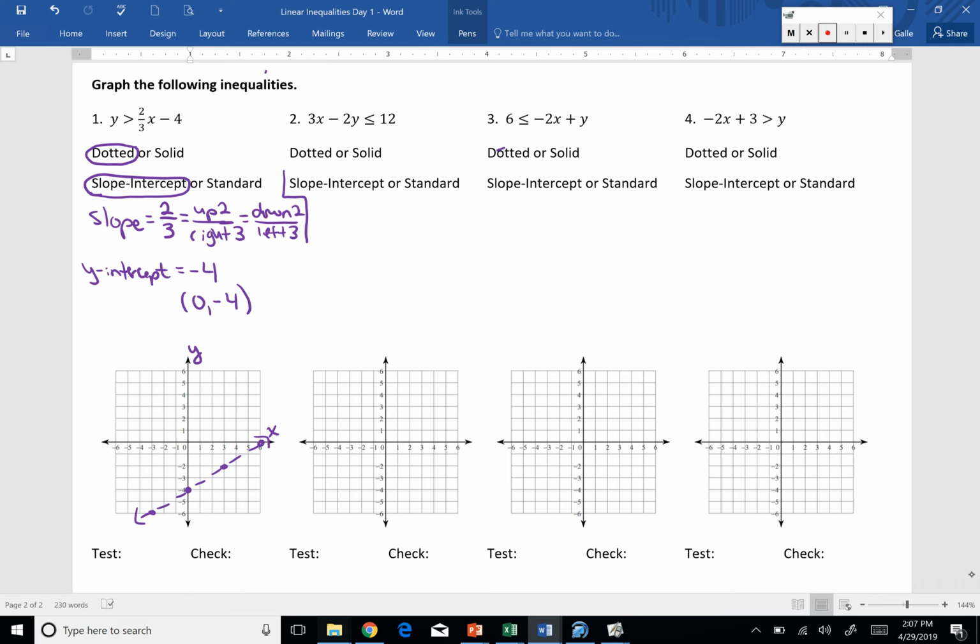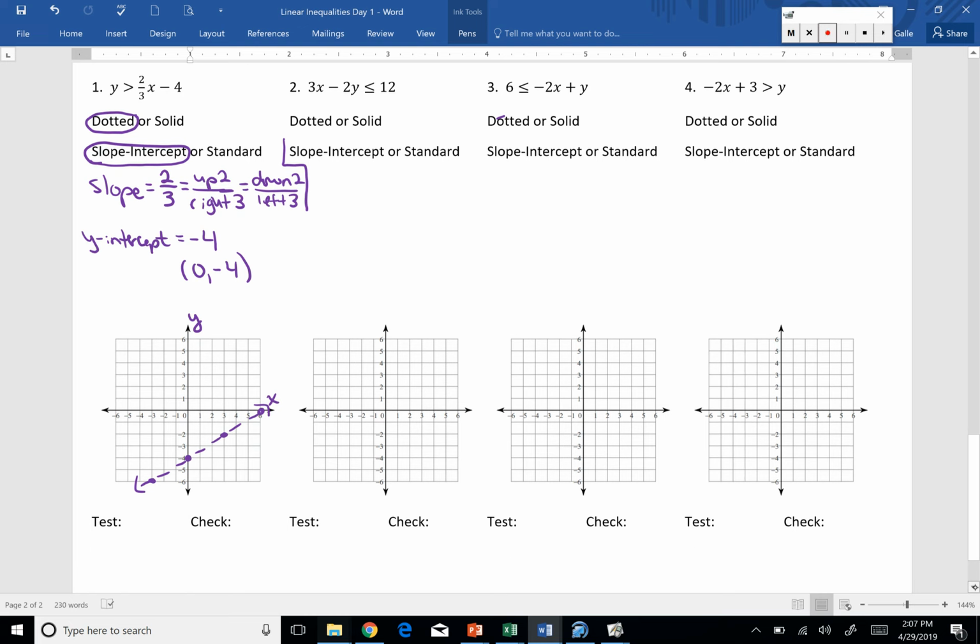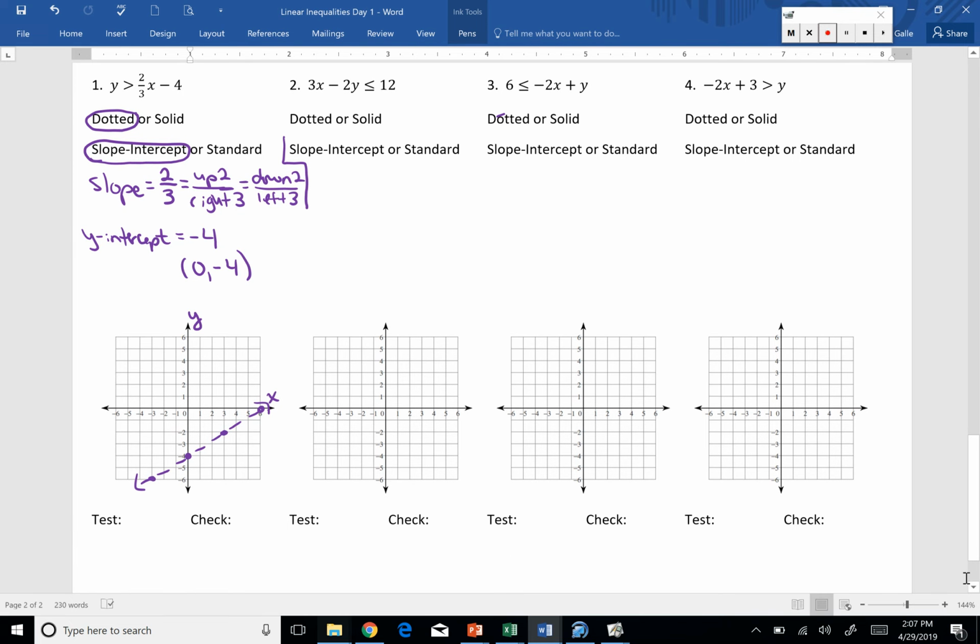We're going to test an ordered pair. And it has to be an ordered pair because I have an x and a y in my inequality. So we can pick any ordered pair we want except for any of them that are on my boundary line. Why can't I pick ordered pairs on my boundary line?